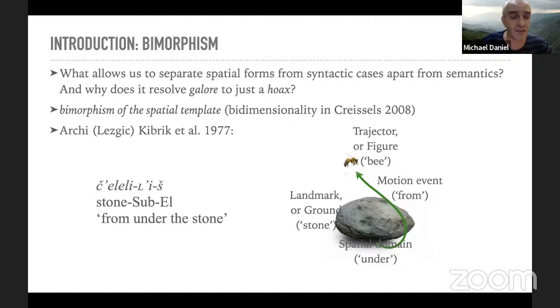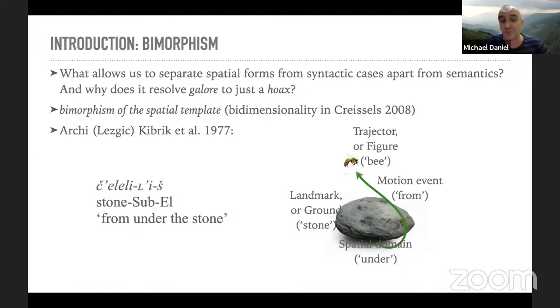How come? Let's have a look at the example on the left. You have a noun, stone, and the meaning from under the stone is expressed by a sequence of the stem and then two suffixes. One of them is glossed as SUB, the other as L. SUB stands for, like Latin sub, under, and L stands for allative, motion from. And the important thing is that this form maps perfectly onto the spatial configuration, or rather situation, that is shown on the right side.